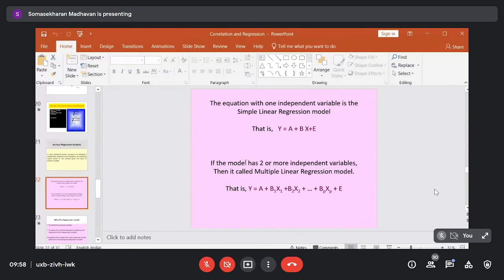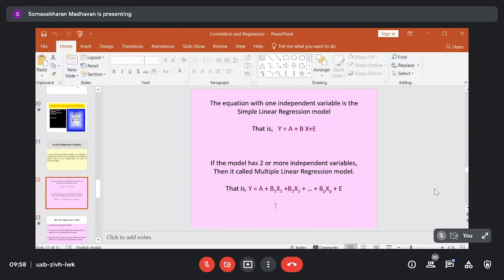This model can be extended to more independent variables, and the resultant model is called the multiple linear regression model. Here y equal to a plus b1 x1 plus b2 x2 plus etc. up to bp xp, so there are p independent variables.